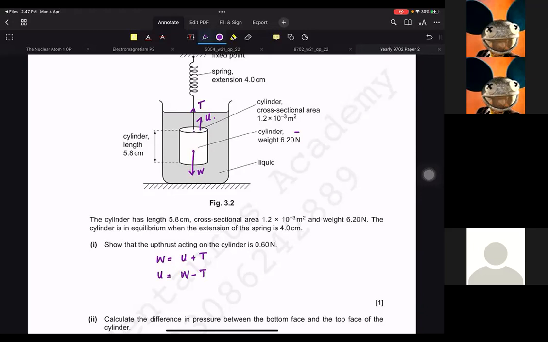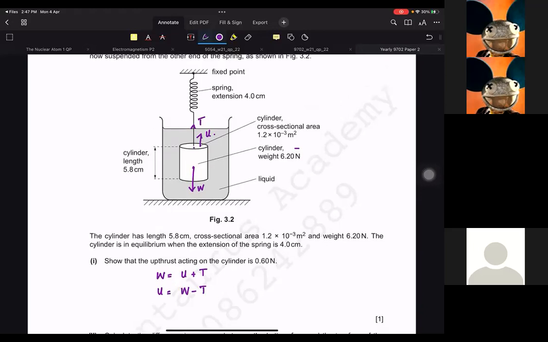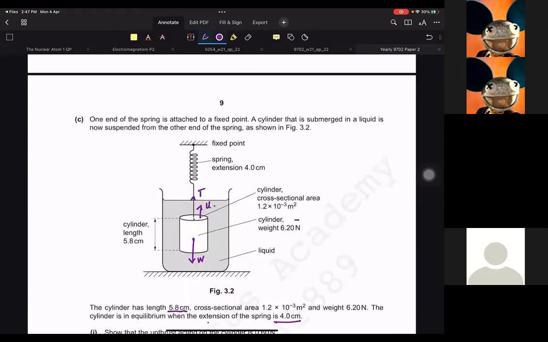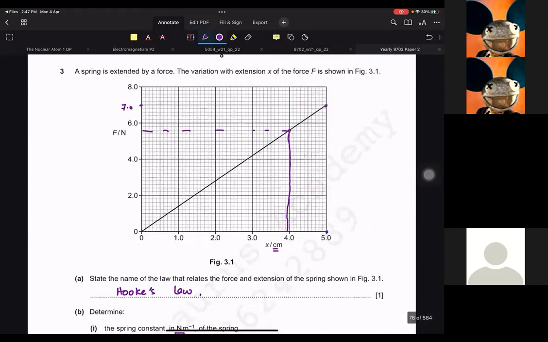Now, I think we already have that. They have given us something. The cylinder has a length 5.8, and cross-sectional area, the weight is this. The cylinder is in equilibrium when the extension is 4. If the extension is 4, then we're going to go here and check what this is.